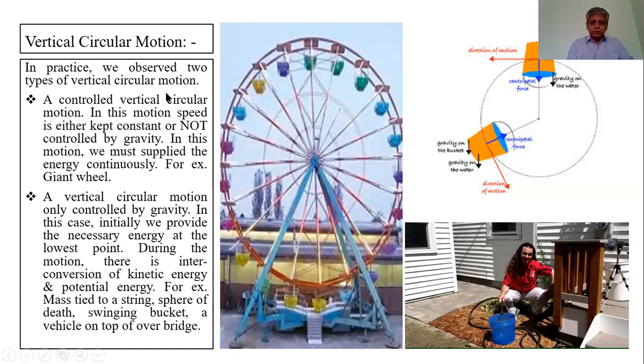In the pictures here, this is the giant wheel. The giant wheel rotates about the axis. It revolves in a vertical circular motion about this axis, which can be controlled by machinery attached to the wheel, or in a small giant wheel it can be controlled manually by persons.